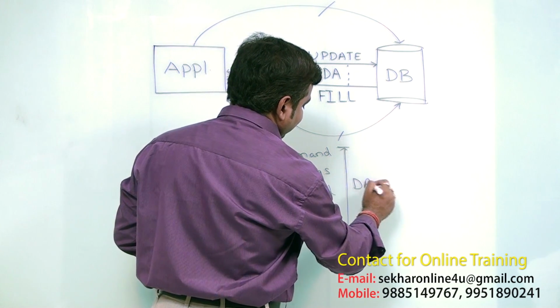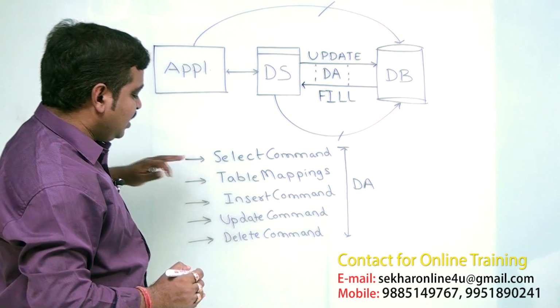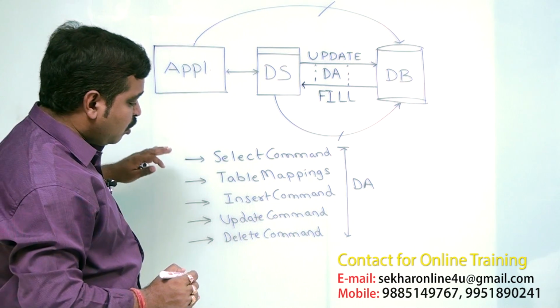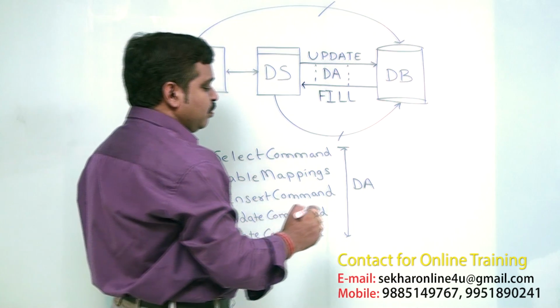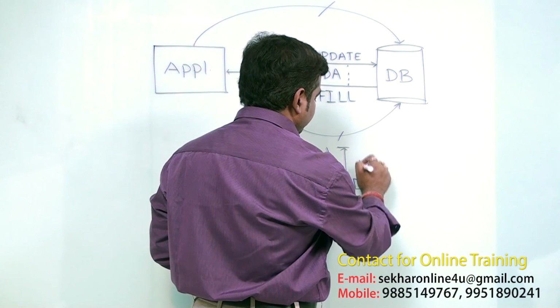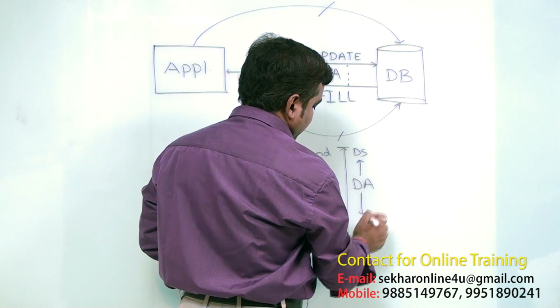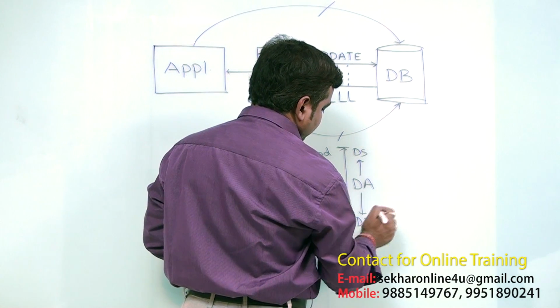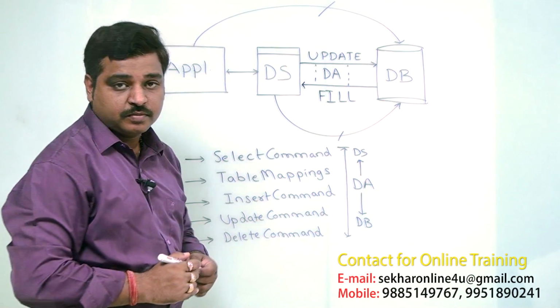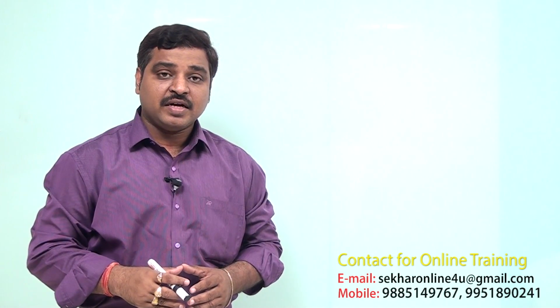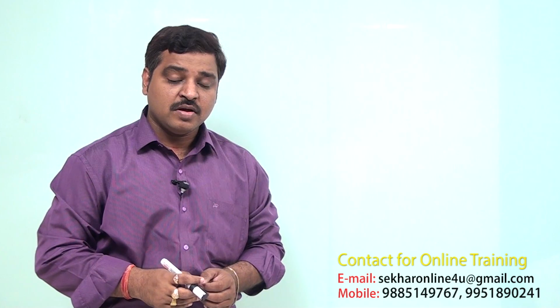So a data adapter is a collection of command objects which acts as a bridge between the data set and the database. Now let's try to understand the data set.